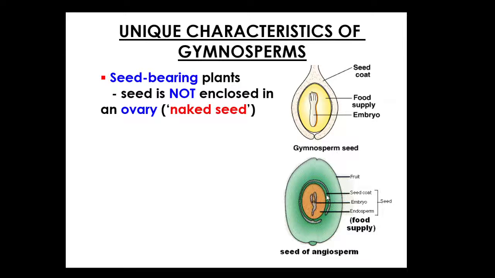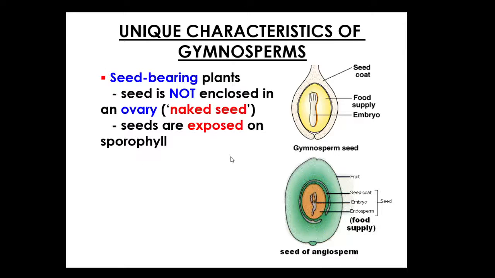Whereas in an angiosperm, reflecting what we learned in chapter 9 last semester, you would have the embryo, and the endosperm, or the food supply for the embryo. It's protected by a seed coat, and then outside of it is a fleshy fruit, which is usually eaten by other organisms.